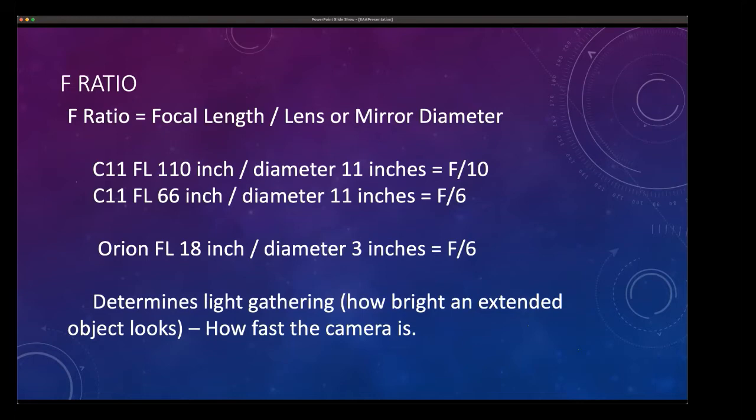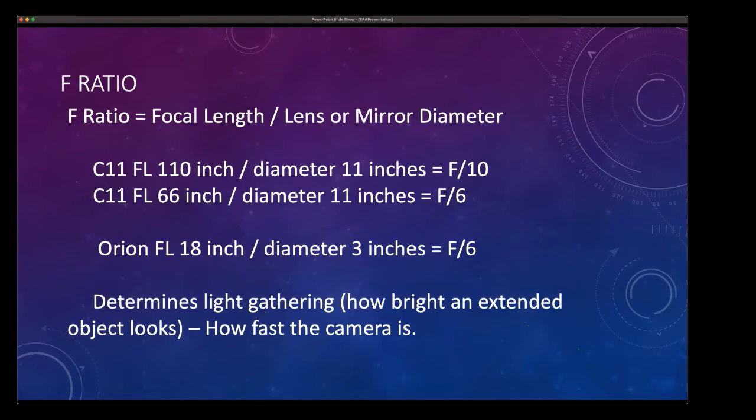One of the things that is counterintuitive is if I have my 11-inch operating at F6 and you have your 3-inch operating at F6 and you take a photograph, and this only applies to photography, of, we'll say, the Ring Nebula, whose photograph is going to be brighter?